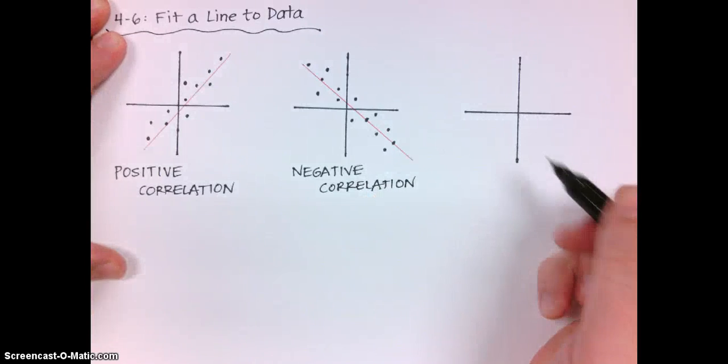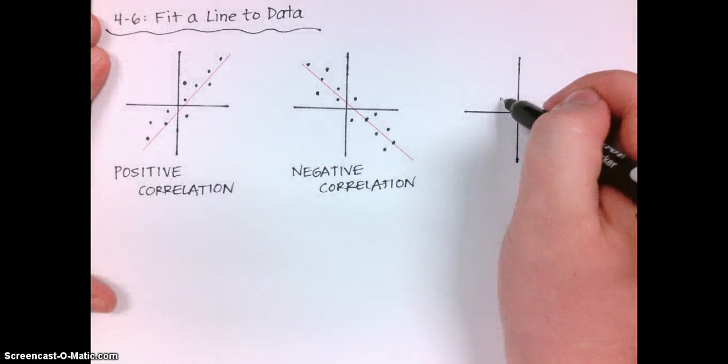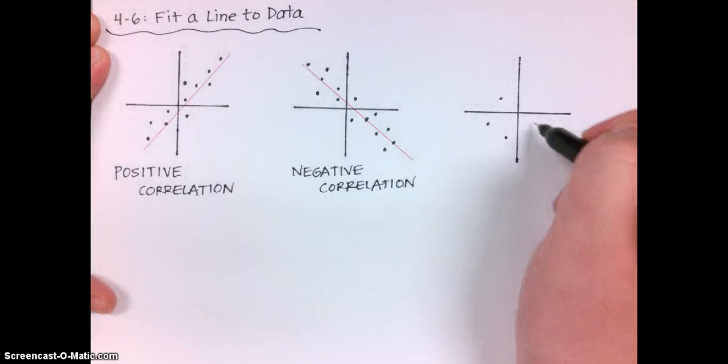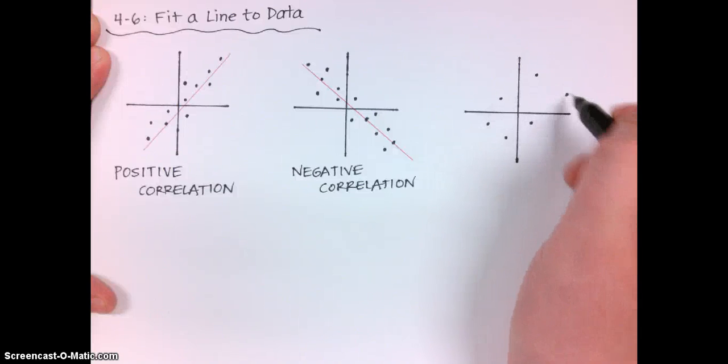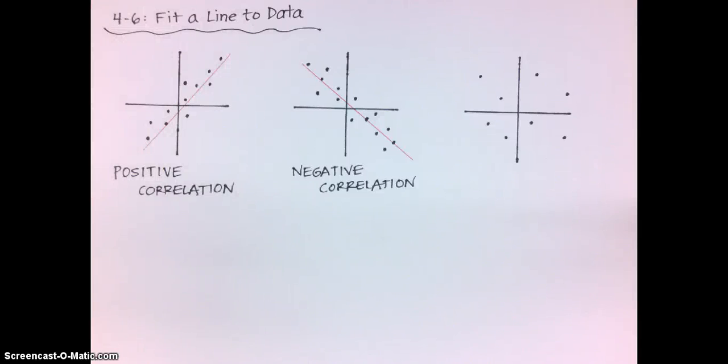And you might be wondering, well, what's this third graph for? Well, sometimes you're going to have points that are all over the place. Okay? You may not be able to think, what kind of a line could possibly go through all those?